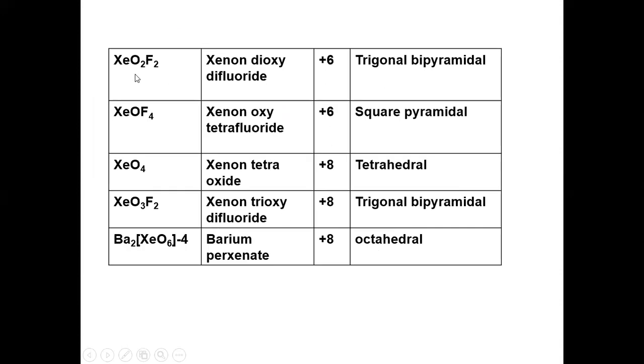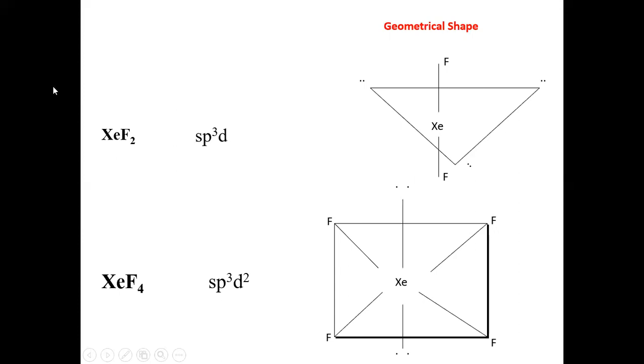Coming to the dioxydifluoride, +6 is the oxidation state, trigonal bipyramidal shape; oxytetrafluoride, square pyramidal shape; tetroxide, tetrahedral shape; trioxydifluoride, trigonal bipyramidal shape. Here the shapes are written.